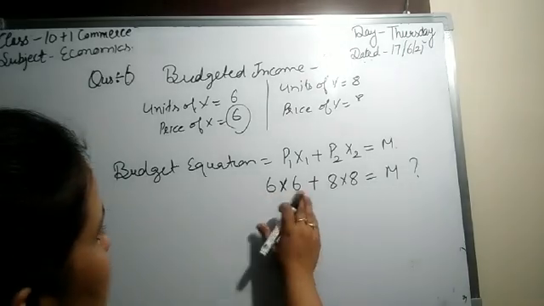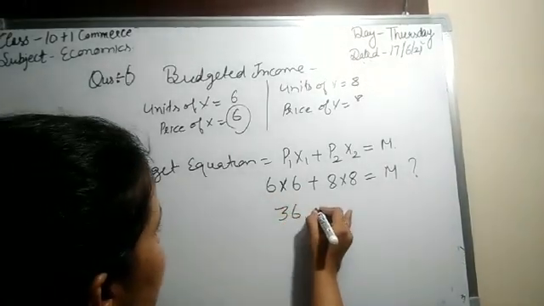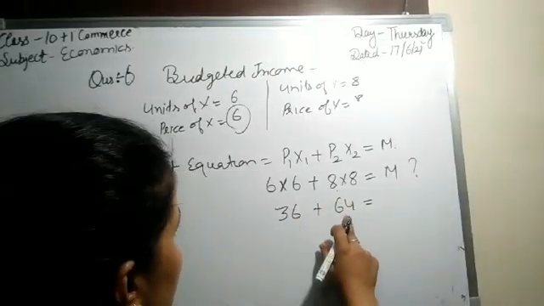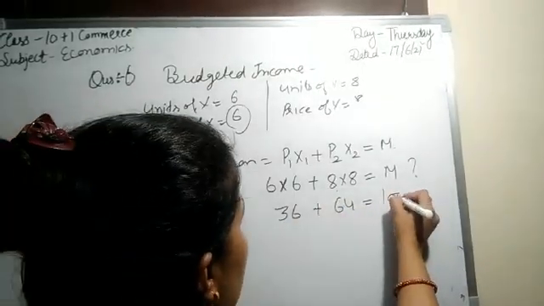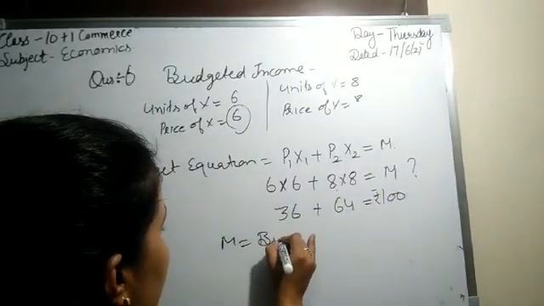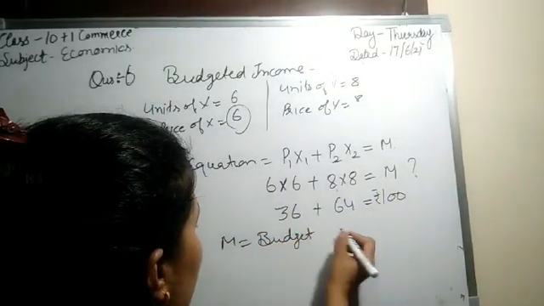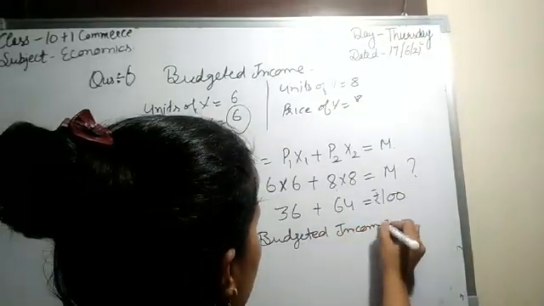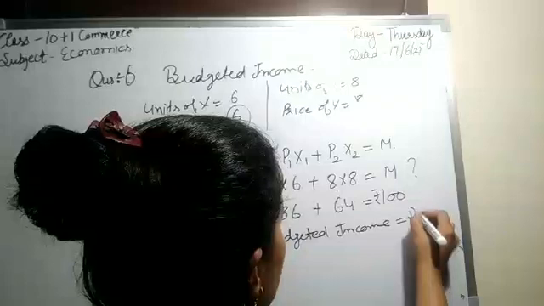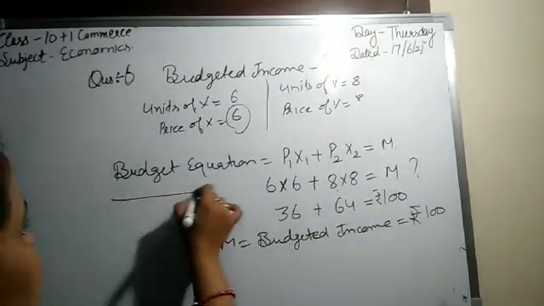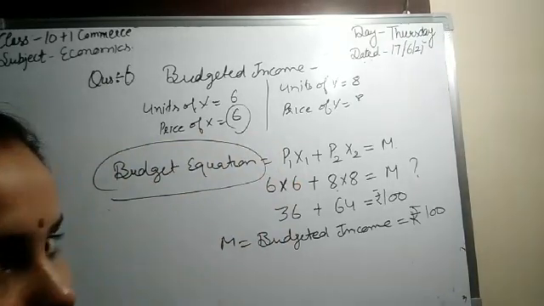Now 6 into 6 is 36, 8 into 8 is 64. When we add these we get rupees 100. So the budgeted income is equal to rupees 100. So this can be found through the budget equation, through the price line equation.